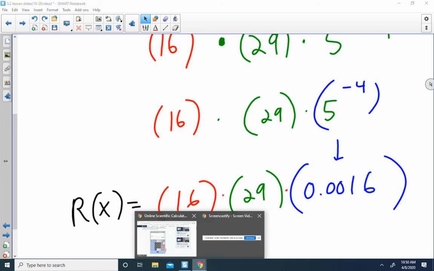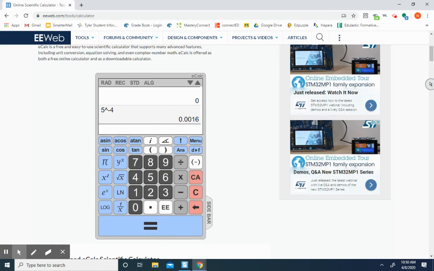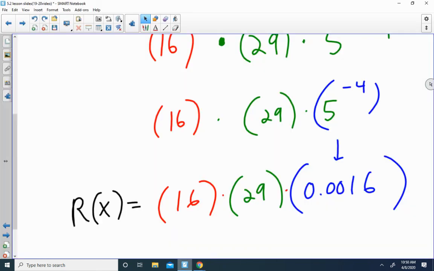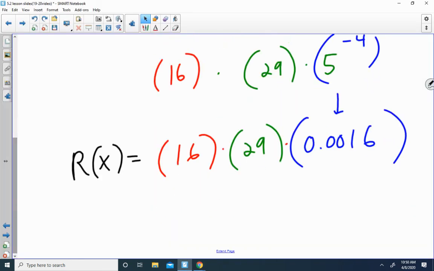So let's do it. 16 times 29 times the previous answer. So the previous answer is 0.0016. All right, press enter. We should have our revenue. Our revenue is 0.7424. Ew, that's not a lot of profit.